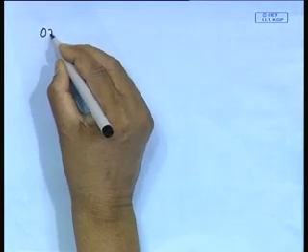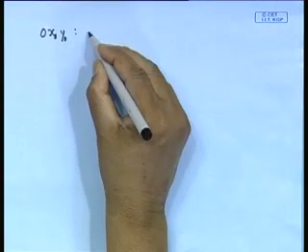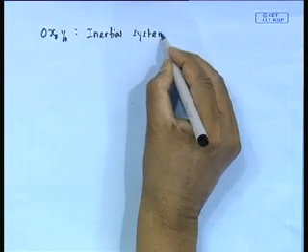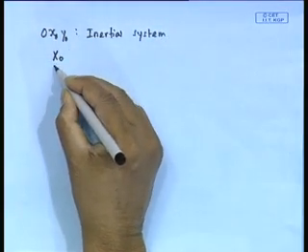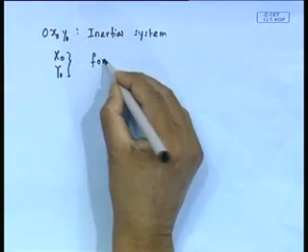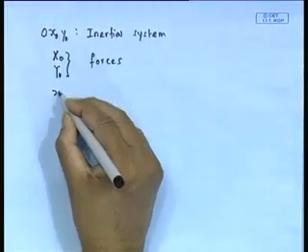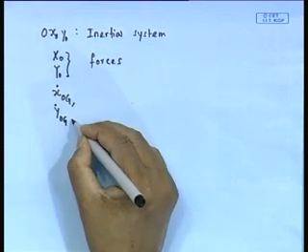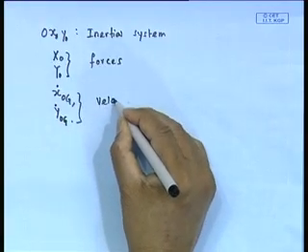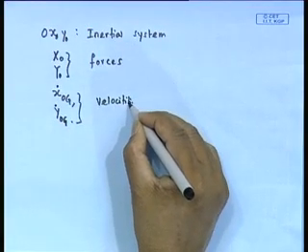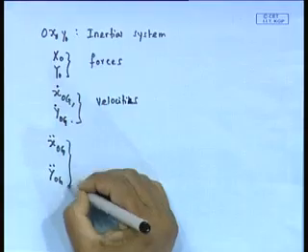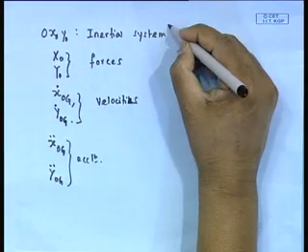Or rather, let me go back to this. So, I have O x0 y0 as the inertial system, and in that system X0, Y0 are forces, x0g dot, y0g dot are velocities, and the second derivatives are accelerations.